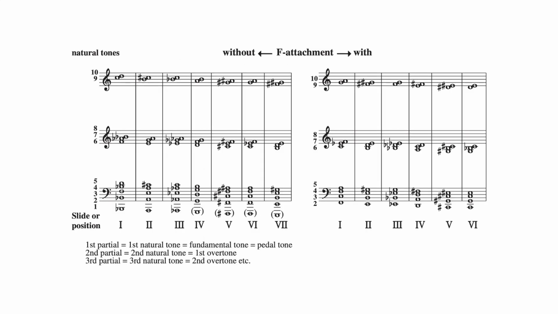Let's say I want to hear this pitch, B flat here, and then I want to hear B natural. Where is the B natural? It is here, in the seventh position.